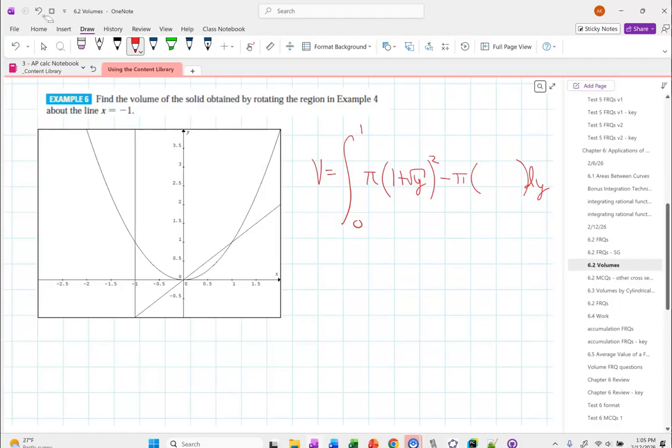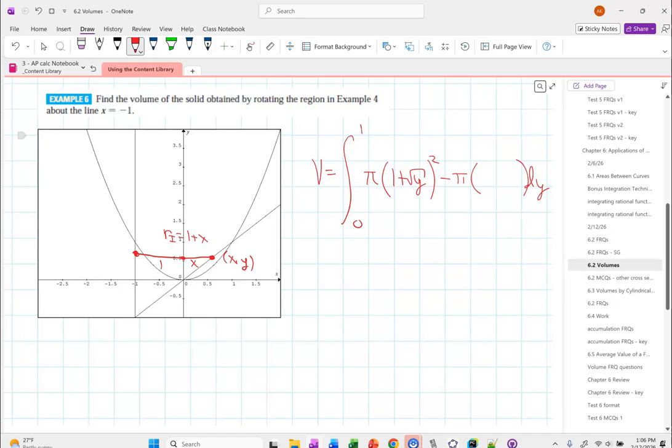So again, I'm going to pick an arbitrary point on the axis of rotation and draw it to my inner function. That's my R inner. That distance is still y. That point is x comma x, so that's an x. So my R inner is 1 plus x.